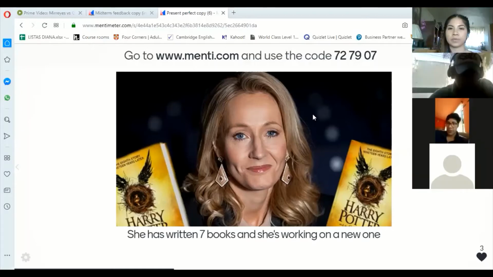J.K. Rowling. Yes, that's right. J.K. Rowling, and she has written 7 books about Harry Potter. That is personal experience. You can talk about one thing that you have done in your life. Algo que hayas hecho en tu vida que es importante. Decimos eso con presente perfecto. Okay?